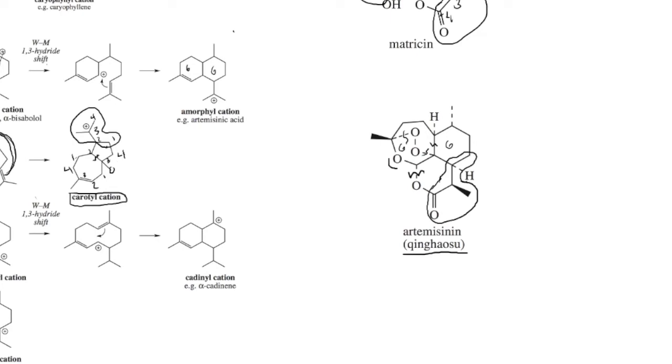Because to me, this looks a lot like this guy over here, the amorphal cation. You can see this methyl group here. You can see these methyl groups down here. They seem to match the amorphal cation. And so I can say this is 4, 3, 2, 1, 4, 3, 2, 1. So I'll go ahead and outline that.